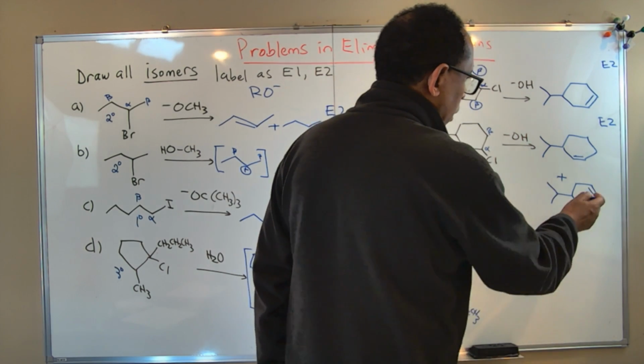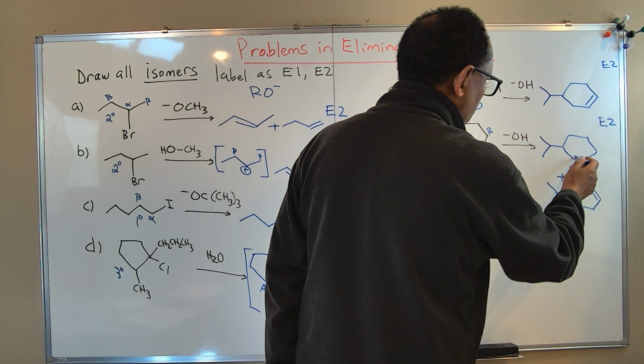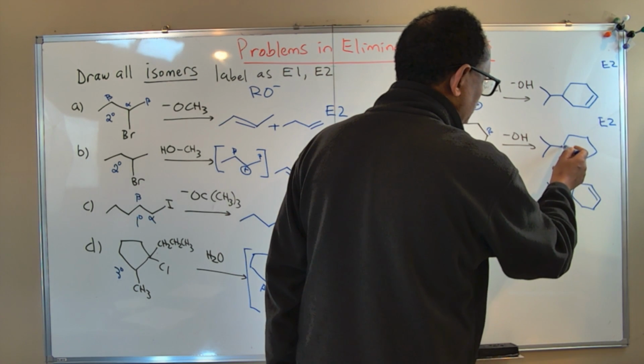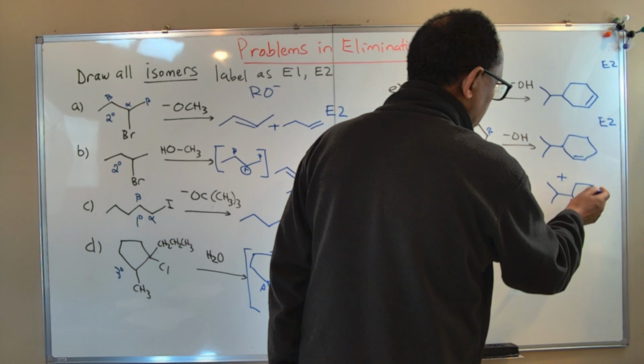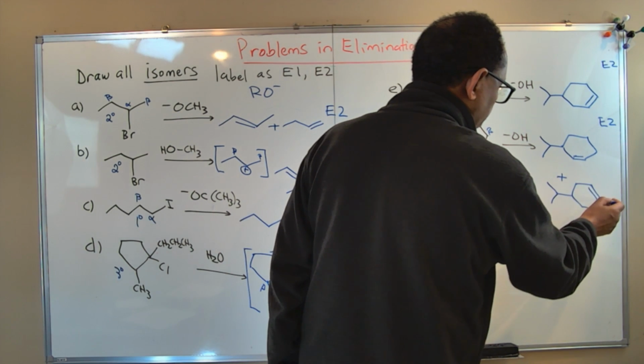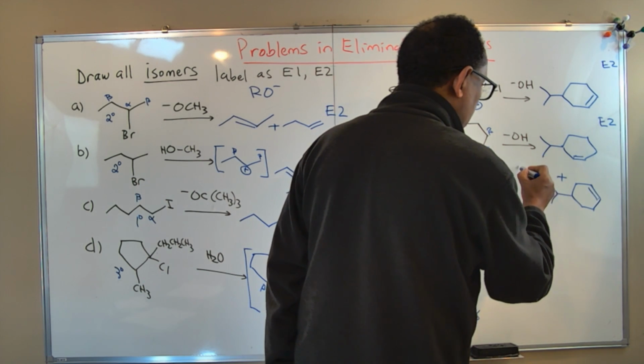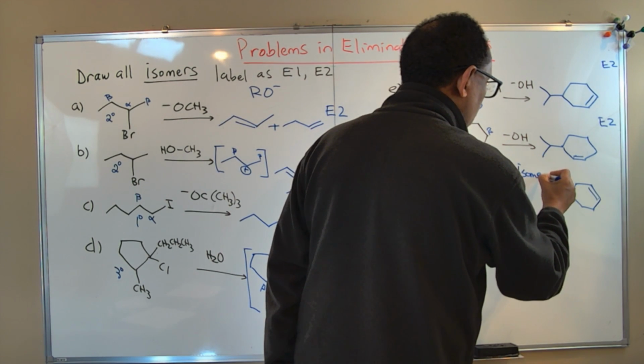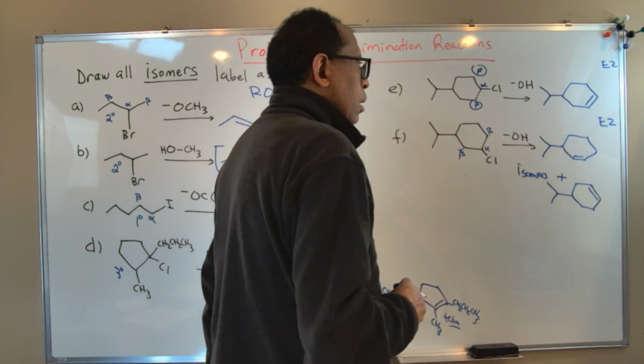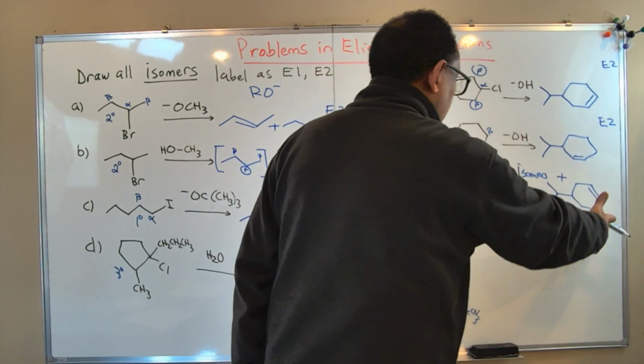So if you just look at this double bond, the distance from here to here is 1 carbon, but from this double bond to this, another carbon, so they are different. So these are isomers. So mechanism-wise, it's an E2.